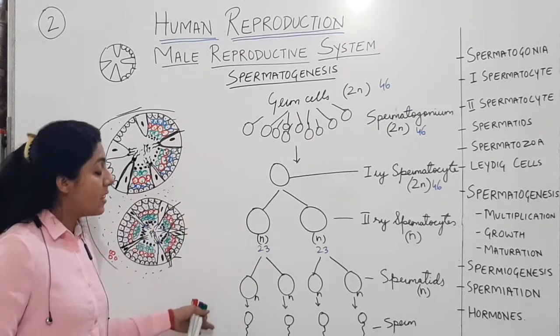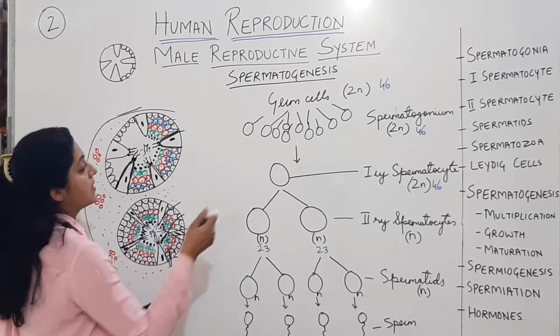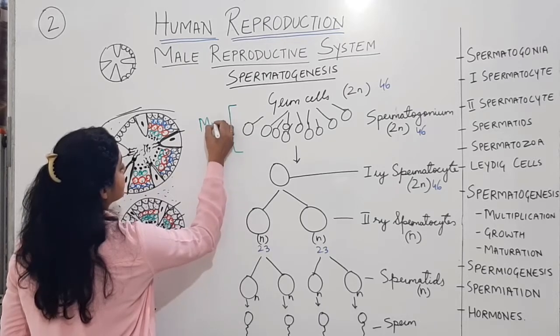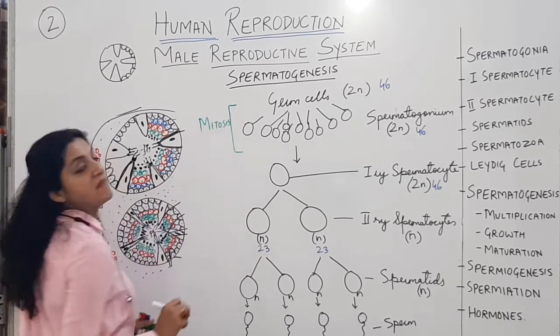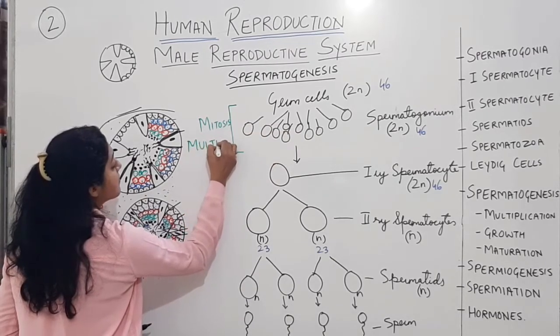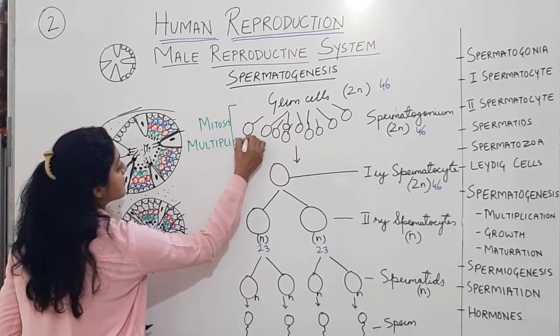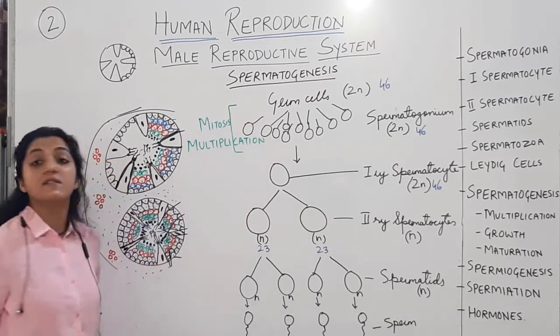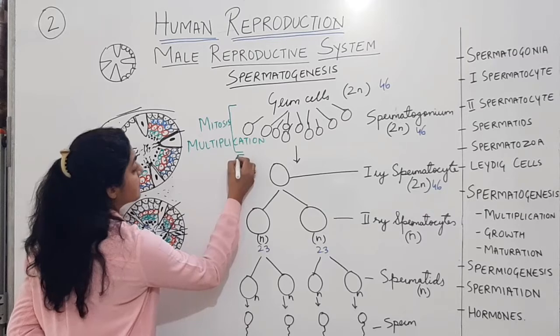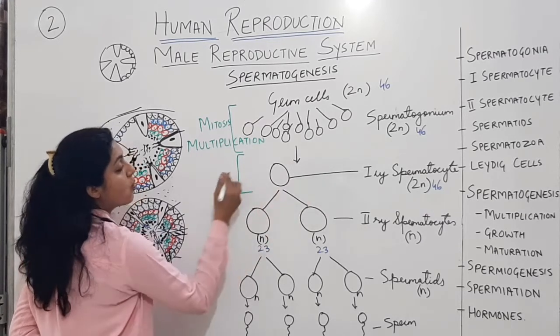So let me write it down now again in a different way. यहाँ पे हुआ है mitosis. यहाँ बहुत सारा multiplication हुआ है. We call it the multiplication phase of spermatogenesis. Second phase में spermatogonia grow हुआ है.